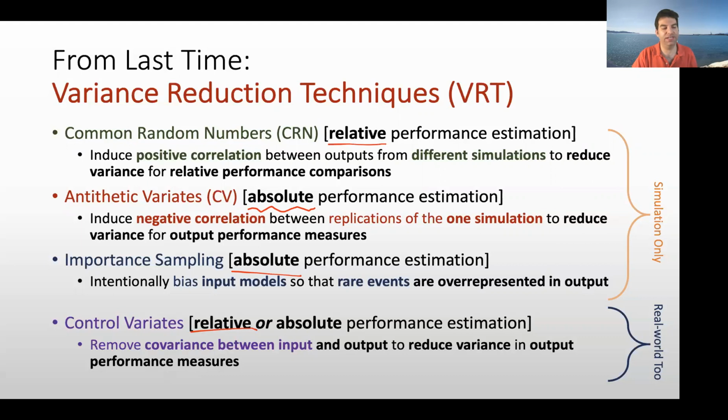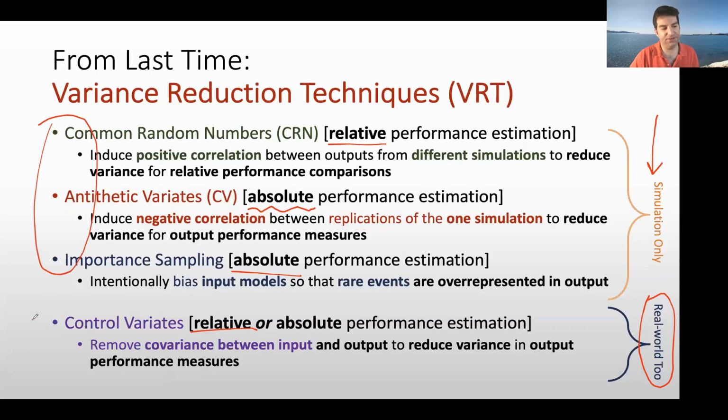And then control variates. Control variates is the one that you can actually apply to real world experiments too. They don't have to be simulation models. Here, we are using the fact that we are the masters of randomness, so we can configure the random number generators, and so we can set up these 3 different types of VRTs.